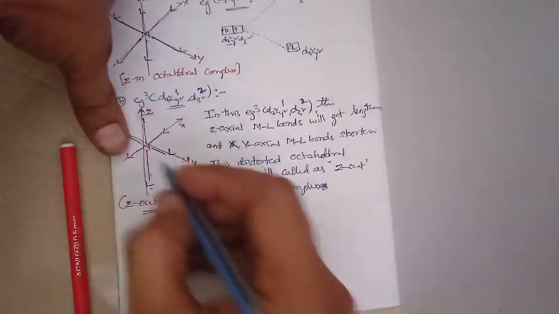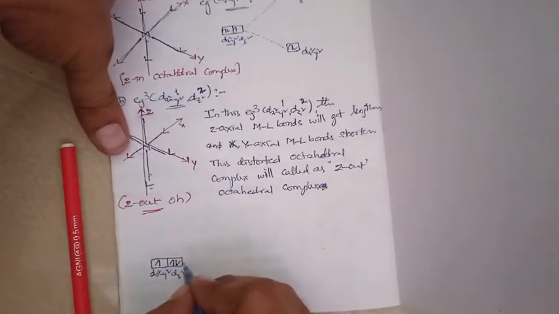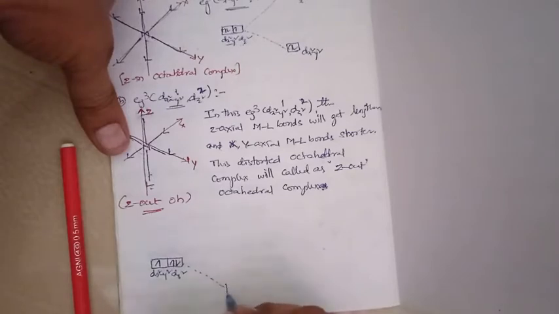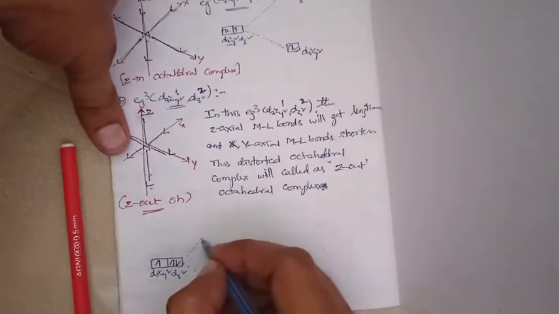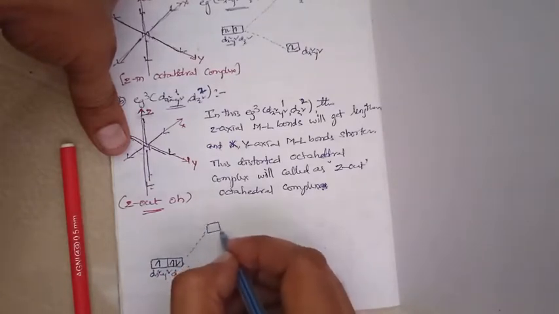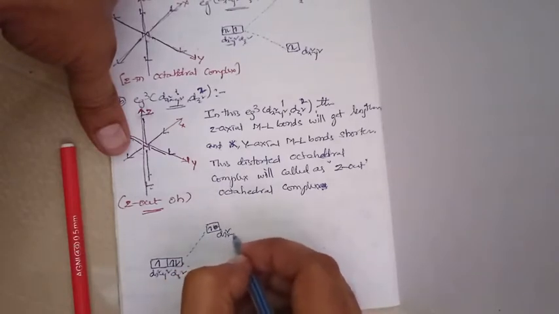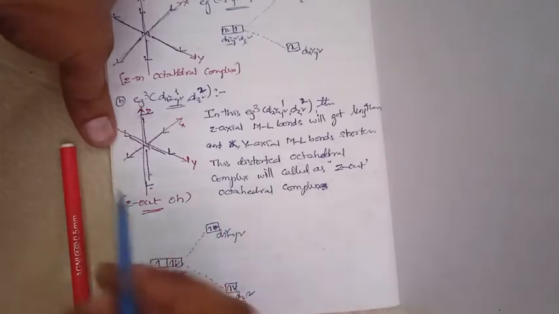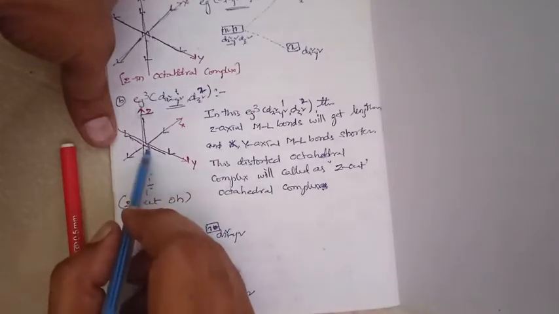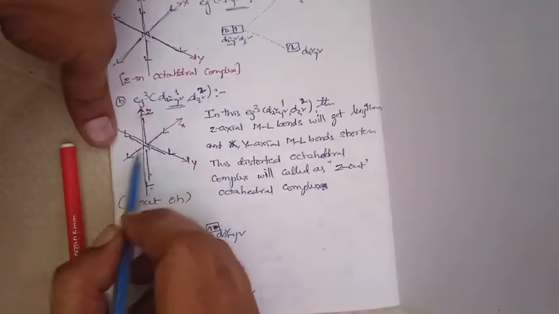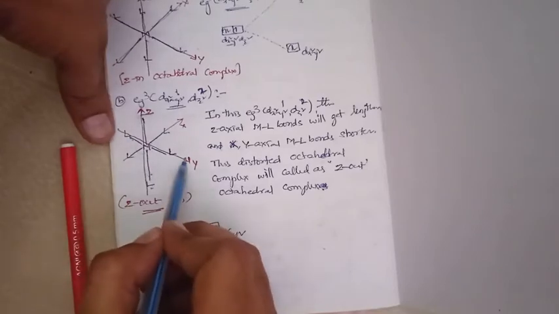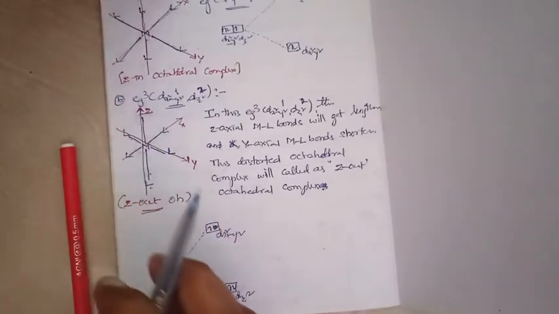So the dz square orbital gets lowered in energy, whereas the dx square minus y square will get excited. Why? Because the metal to ligand bonds in x orientation and y orientation are very shorter.